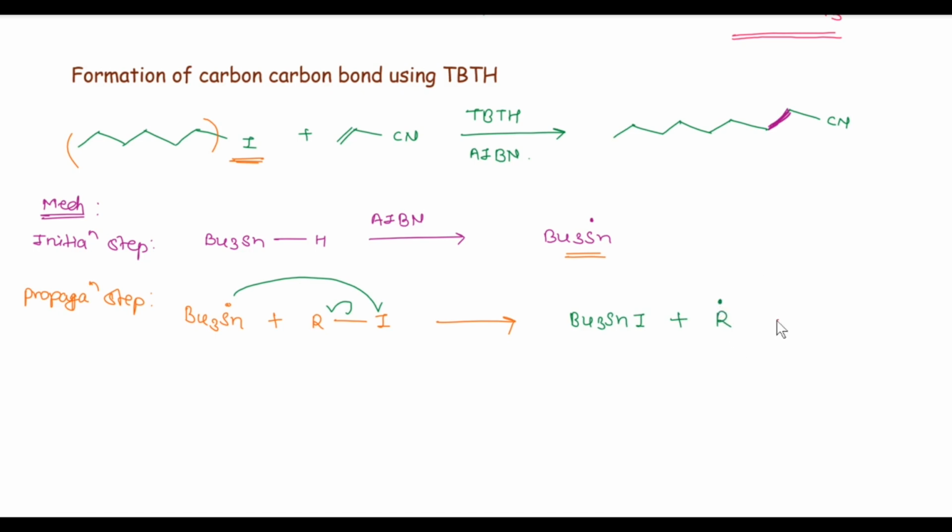In the next step, this R radical reacts with the given alkene and formation of a new radical takes place here.